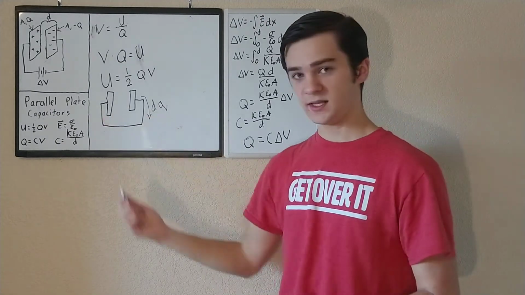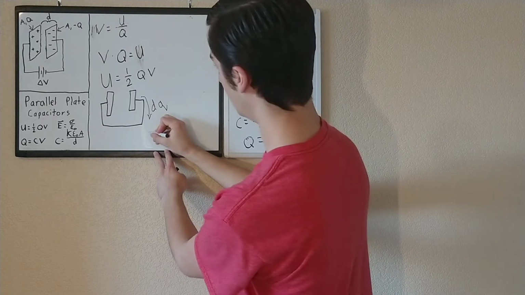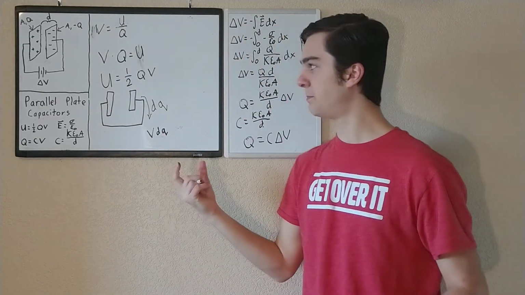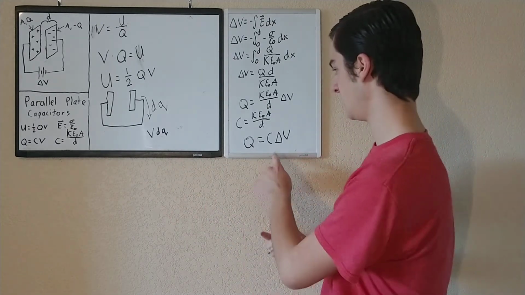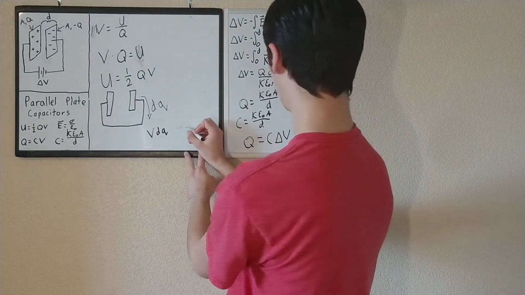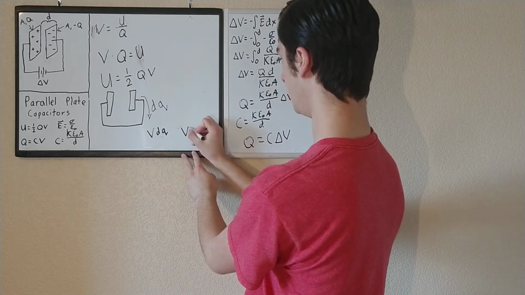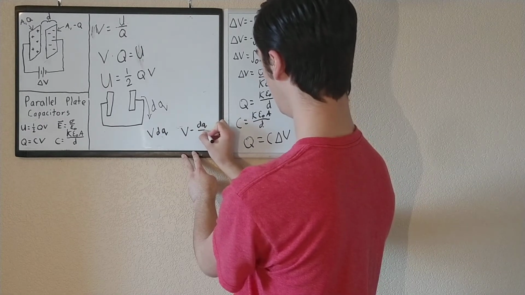Well, this dq just gained an energy equal to V dq, but the total voltage just decreased by using our equation. The new voltage is now going to be the original voltage minus that dq over C.